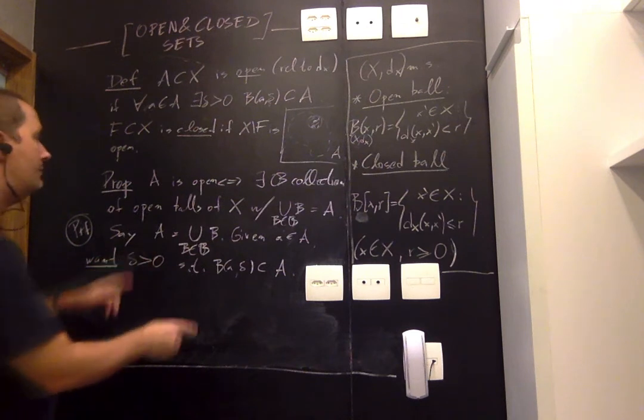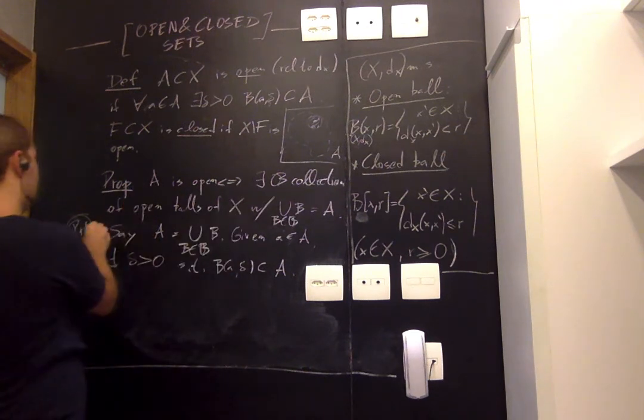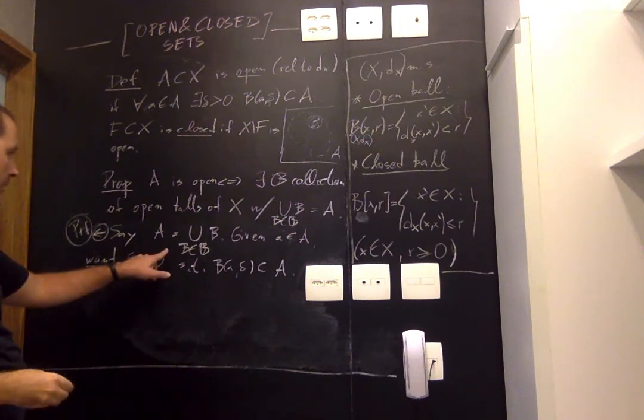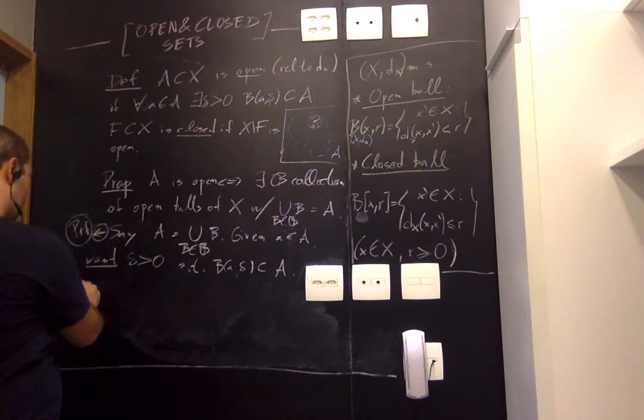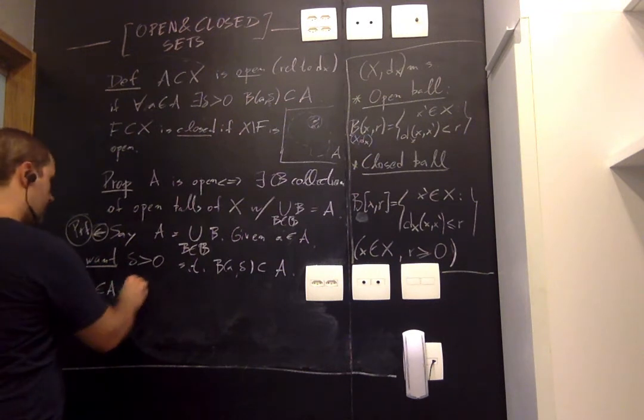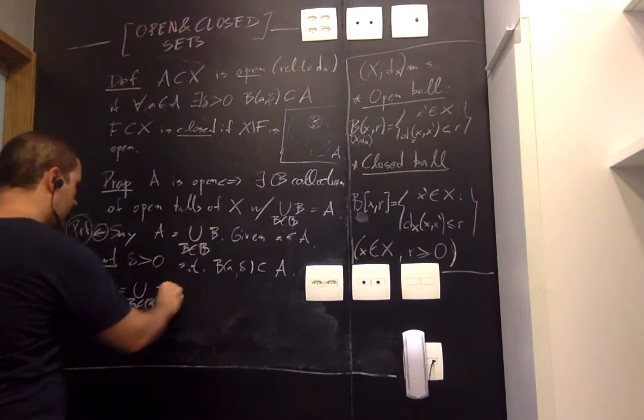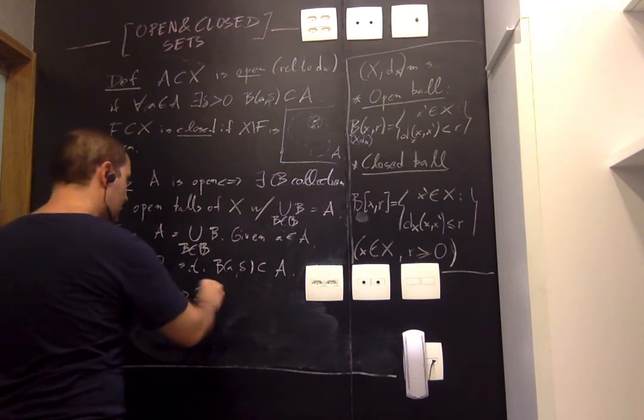So I'm proving this direction right now. But that's pretty clear, because if a belongs to A, which is a union, how do you belong to a union of sets? You have to belong to at least one of these sets.